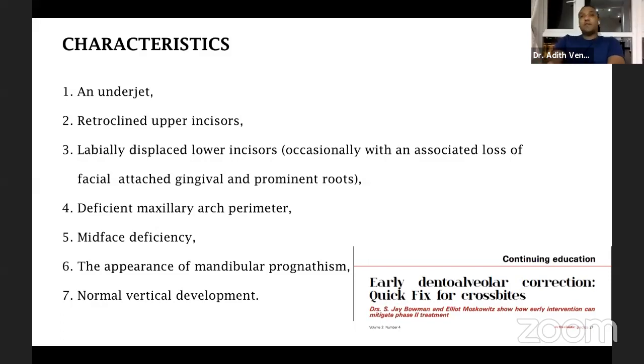You will have narrow arches. Mid-face deficiency may be prominent, probably because of the upper incisors, and the mandible appears prognathic because of the forward bite. And finally, the vertical development is absolutely normal.